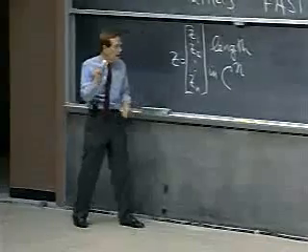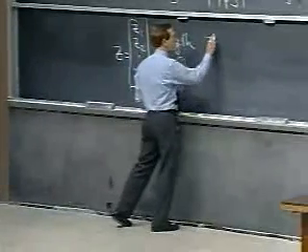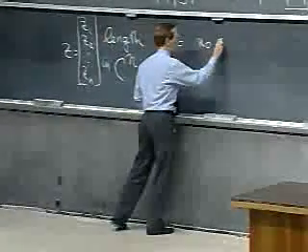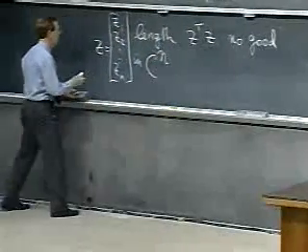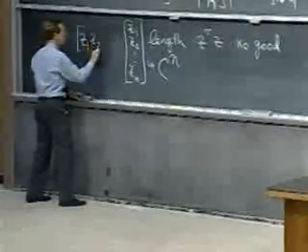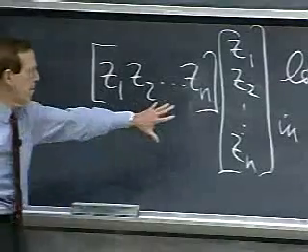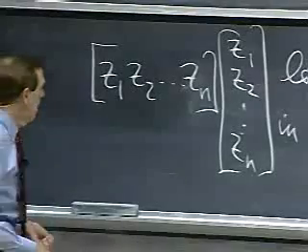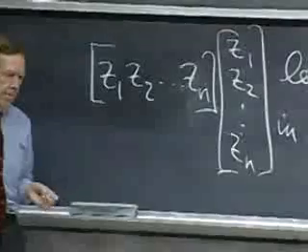But now the point about its length is that z transpose z is no good. If I just put down z transpose here, it would be z1, z2 to zn. Doing that multiplication doesn't give me the right thing. Why not? Because the length squared should be positive.